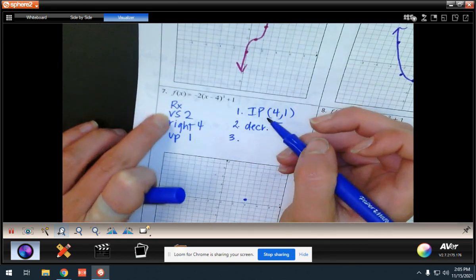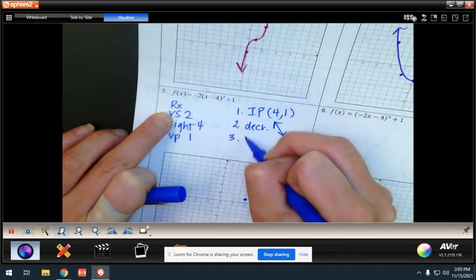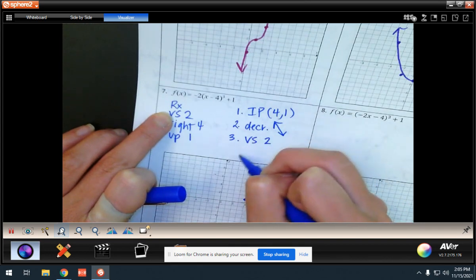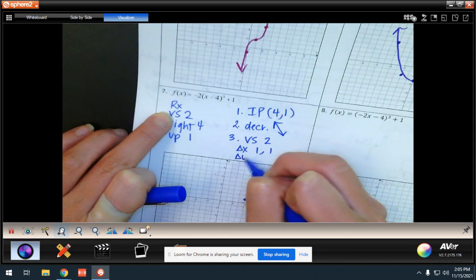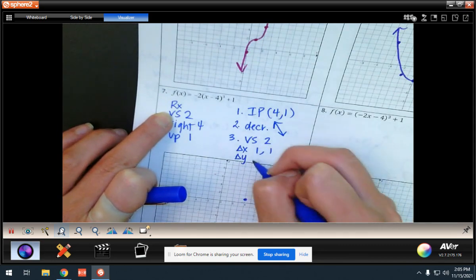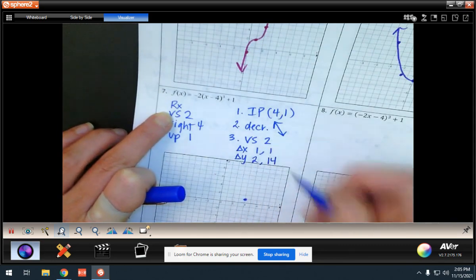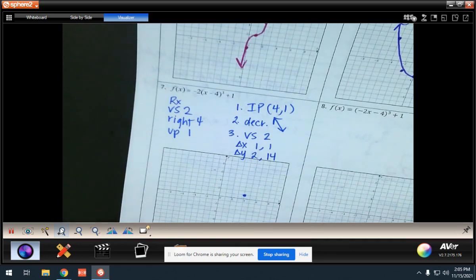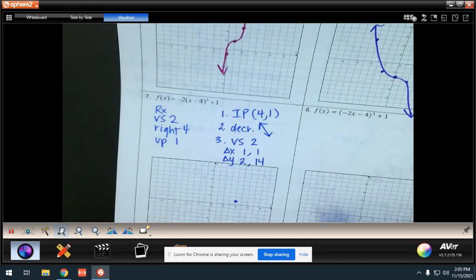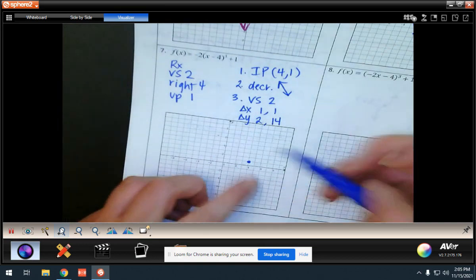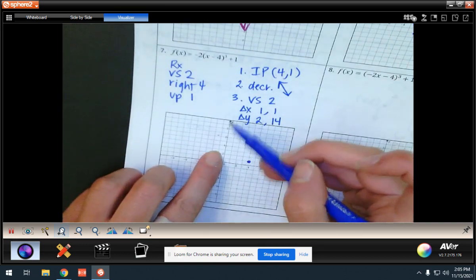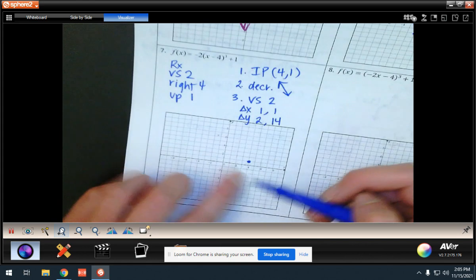Then step 3, we have a vertical stretch by 2. So the change in x is still 1, 1, but our change in y is now 2, 14 instead of 1, 7, 2, 14. Multiply the y distances. Okay, and so we're decreasing again, so we're going to make our happy parabola go up to the left.